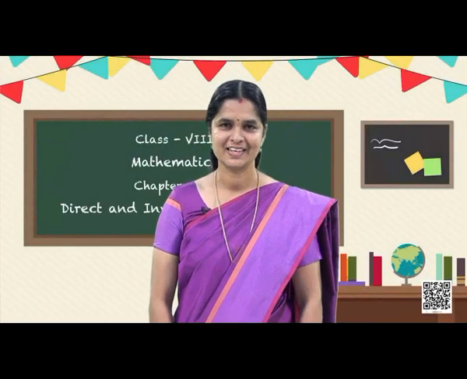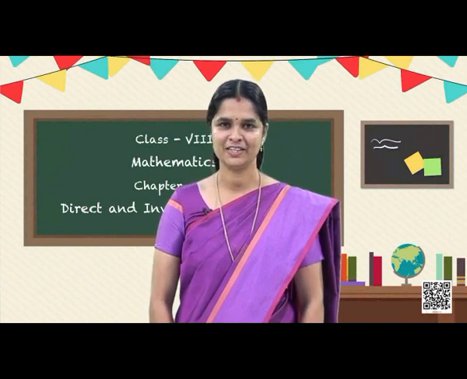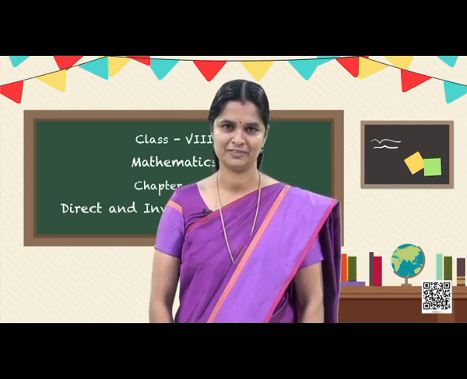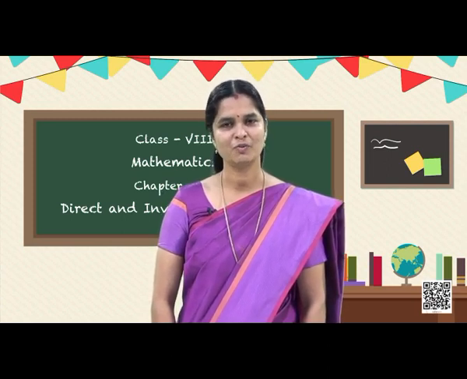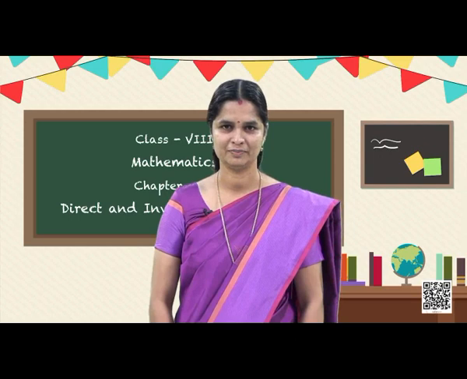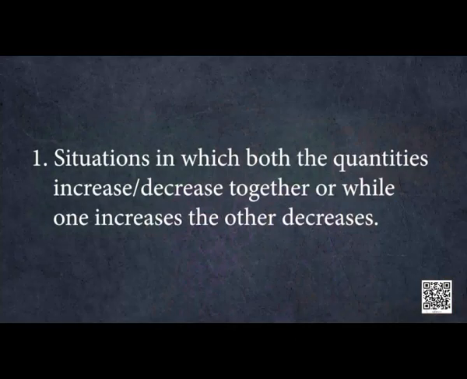Dear students, I hope that now it is easy for you to do calculations based on direct proportion. Now, let us recall what all we have discussed today. We have studied situations in which both the quantities increase or decrease together, or while one quantity increases, the other one decreases.